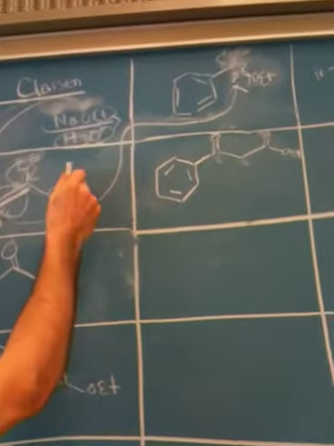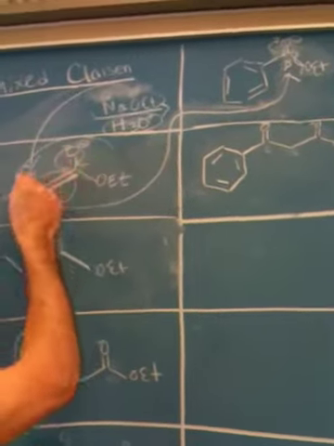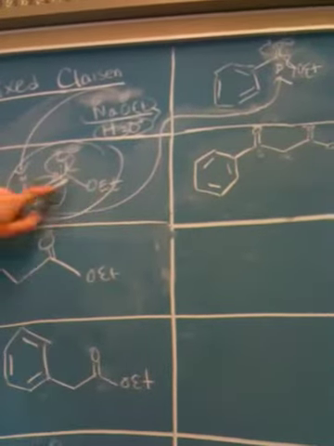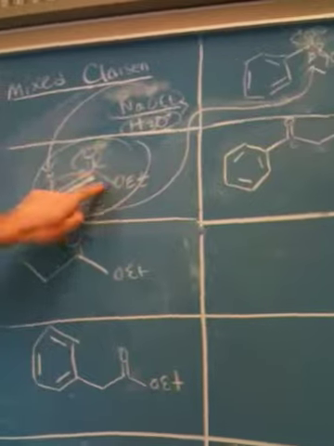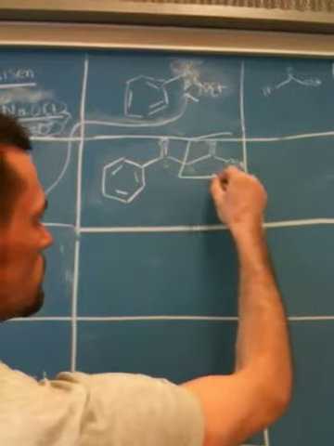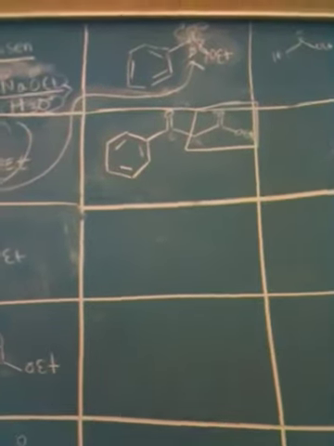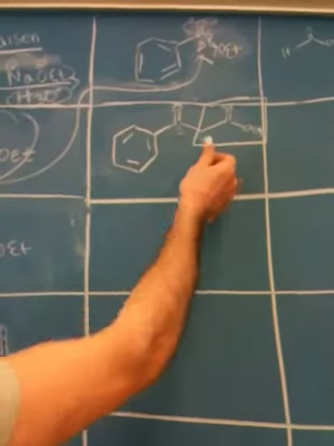So what we can see here is that this group here, the C double bond O, OET, is right there.